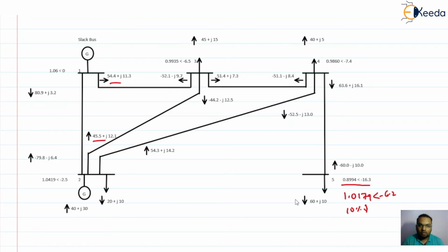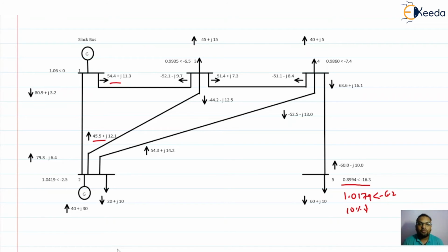See, actually this line is not open. The line between bus 2 and 5 is not open, but we are considering that in coming time the line between 2 and 5 may open. If it gets open, we analyze what the scenario will be, and based on this analysis we can decide some action plan.